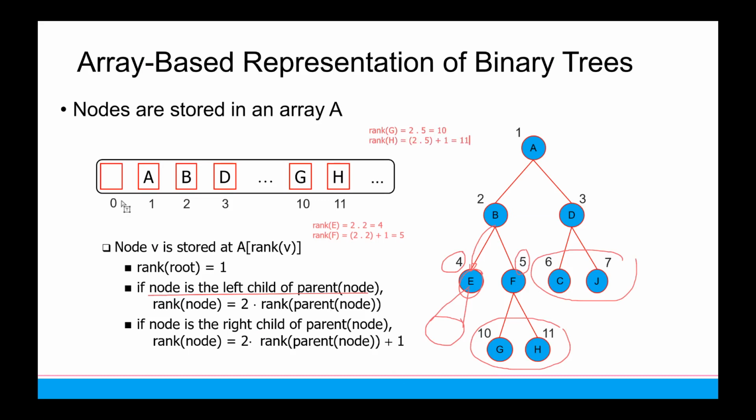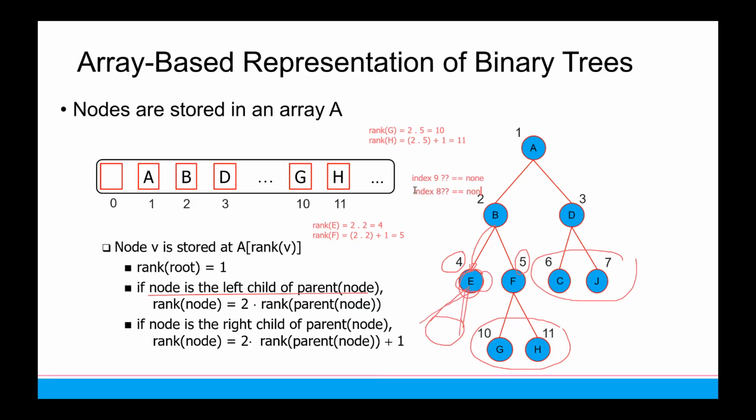So what is the position in index 9? Actually, none, because there are no children on E. What is index 8?